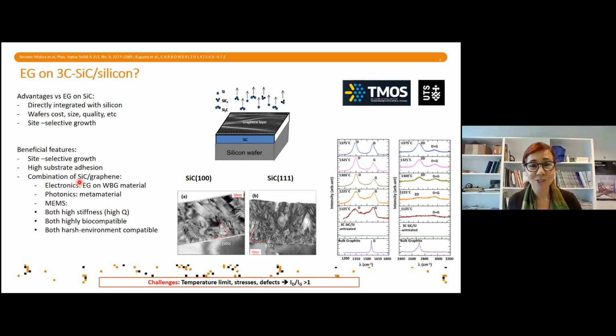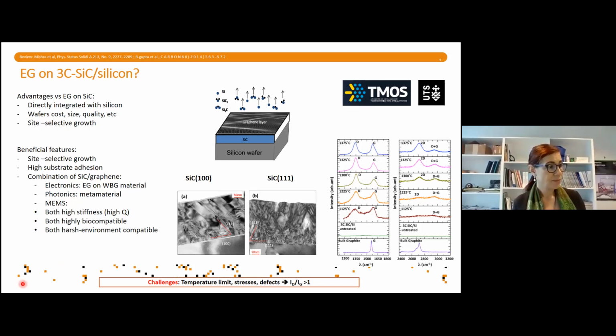So, silicon carbide structures coated by graphene. There are quite a lot of areas where this specific combination is of interest, so not just the graphene by itself, but the combination of silicon carbide and graphene. And nanophotonics is definitely one of them, and so are metasurfaces and such, and I will show you that a little bit later.